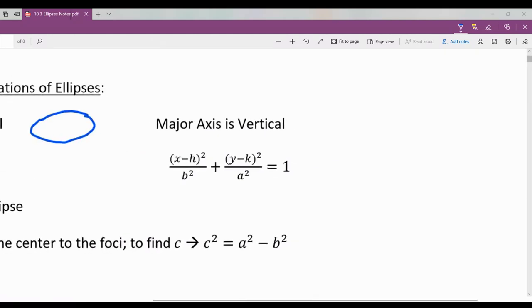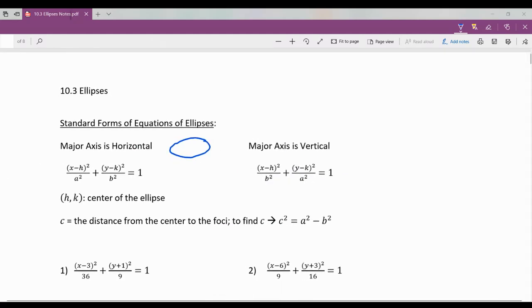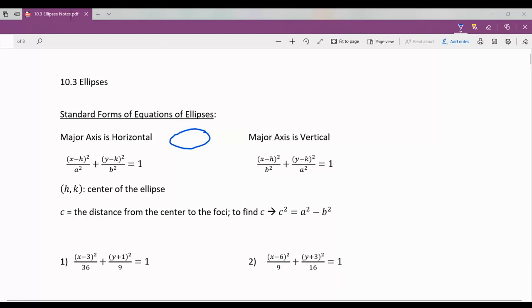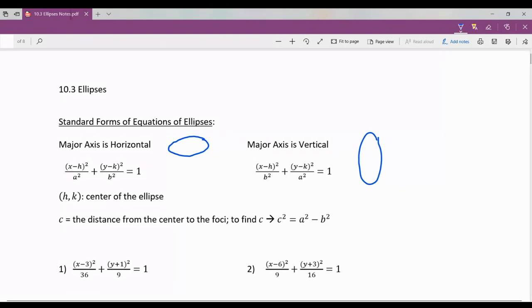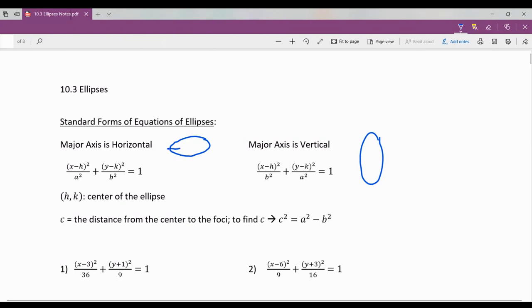And then I zoomed in on that one, where the major axis is vertical. So we've got the major axis is horizontal versus my major axis is vertical.